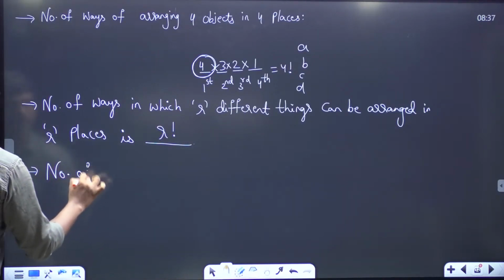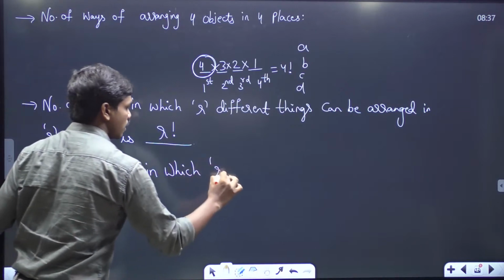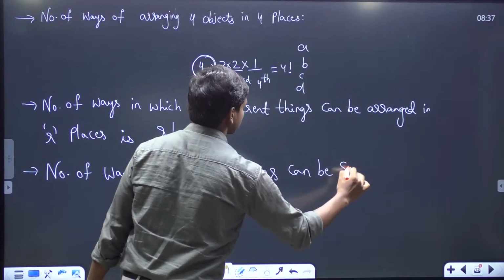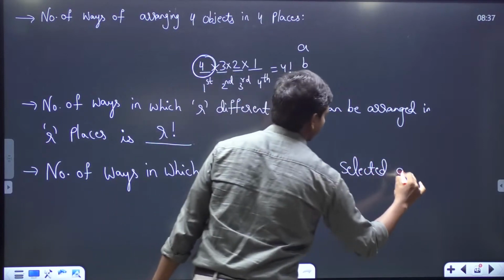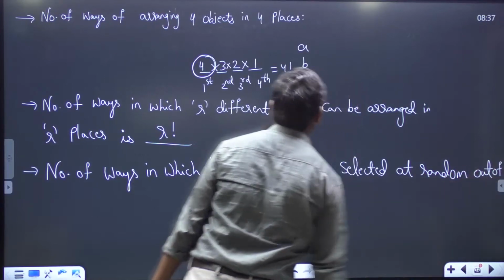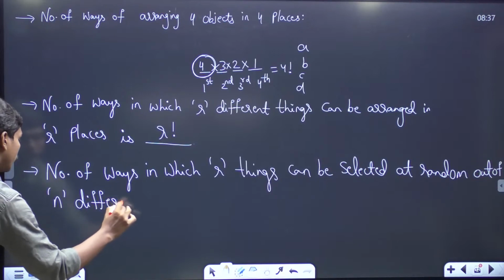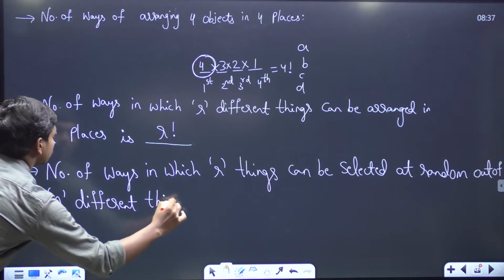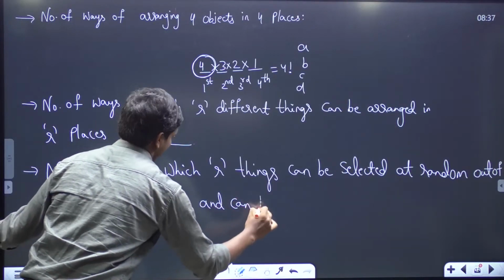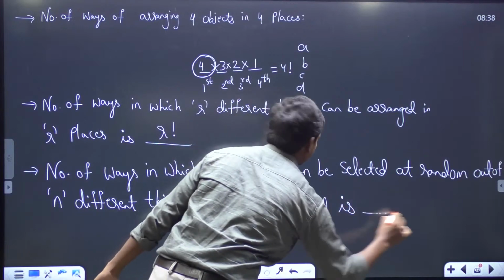number of ways in which R things can be selected at random out of n different things, and can be arranged, is dash.